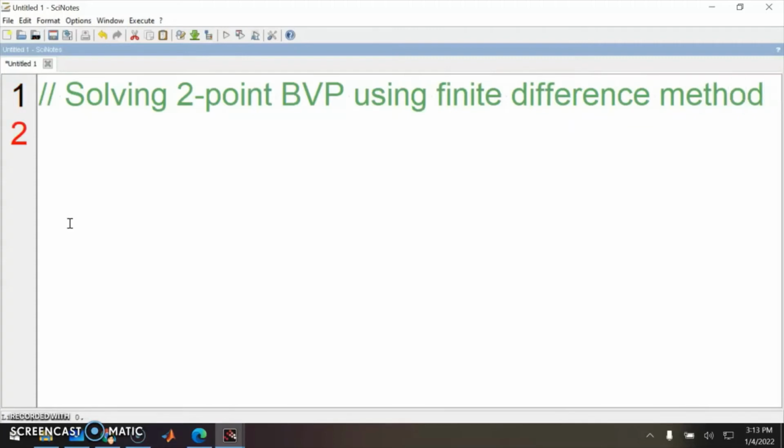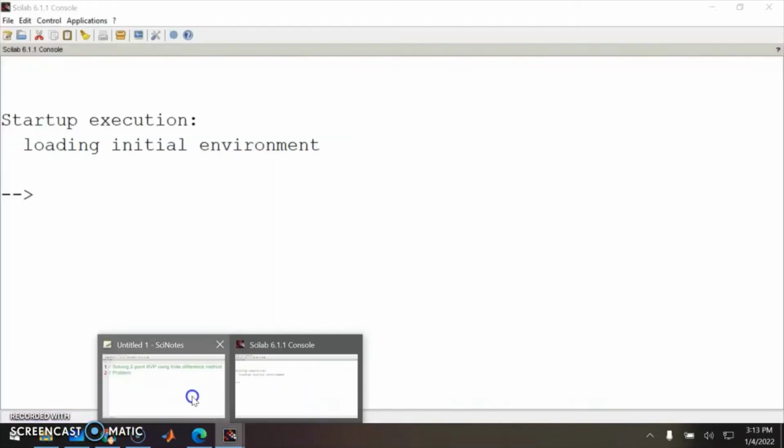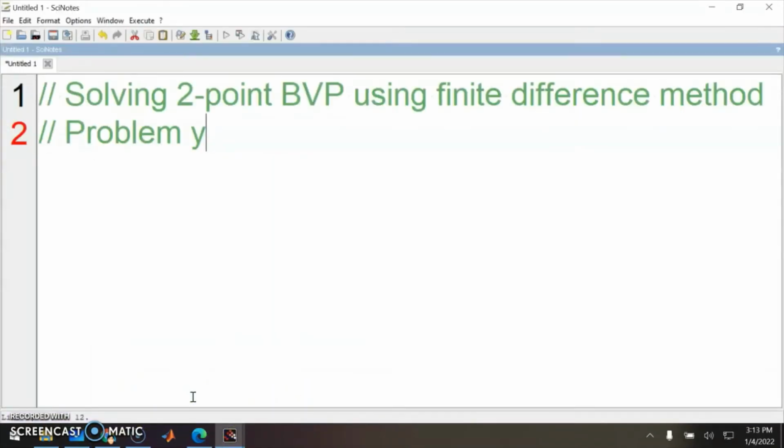The problem that we want to solve is given here: y double prime minus xy prime plus 3y equals 11x.